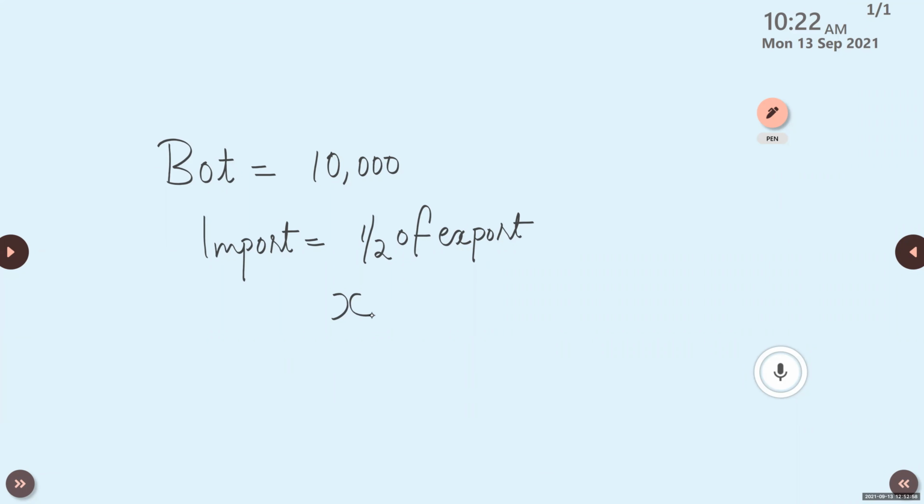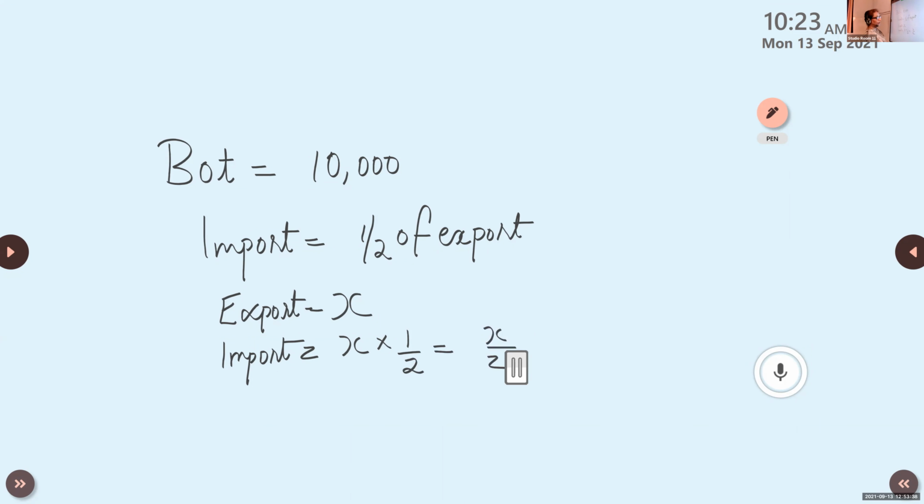So it can be taken as X. So export is equal to X. What will be import? Half of export, X by 2. So import is equal to X into half, which is X by 2.